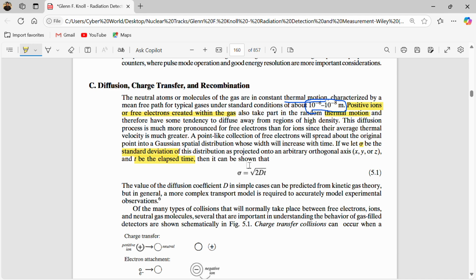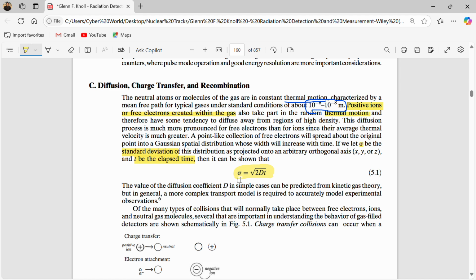This standard deviation can be calculated by this formula. So by knowing the diffusion coefficient and the elapsed time, you can easily find this statistical factor, the standard deviation, sigma.